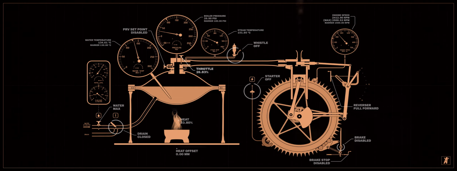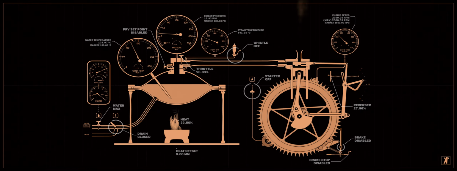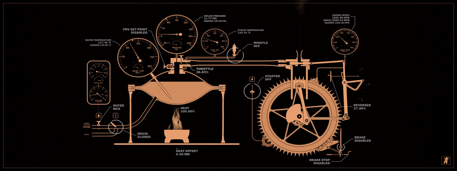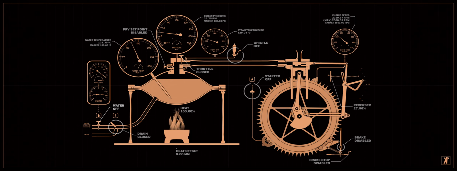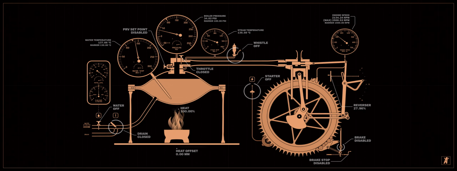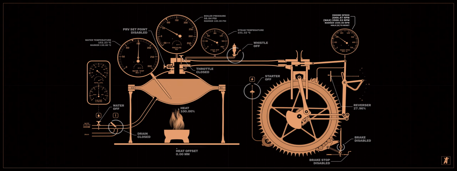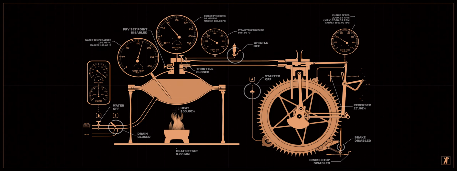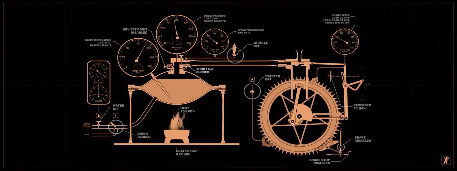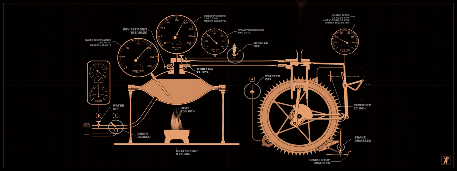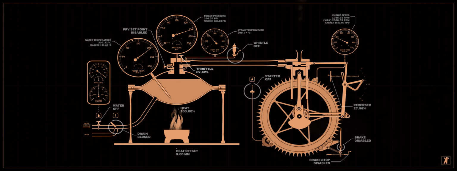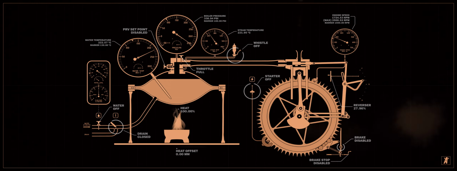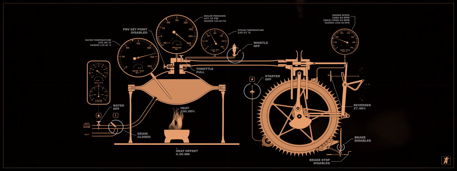Like, not even the regular water is enough to fix this issue. We cannot produce enough steam to reach this speed. There we go. Now we're producing quite a large quantity of steam.